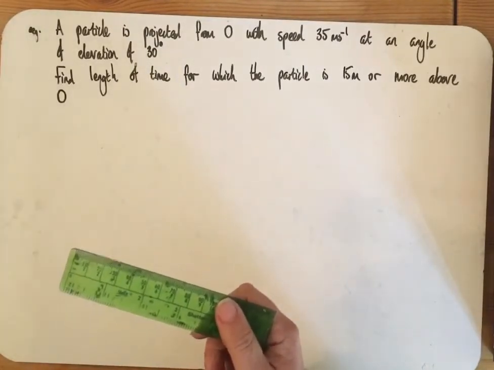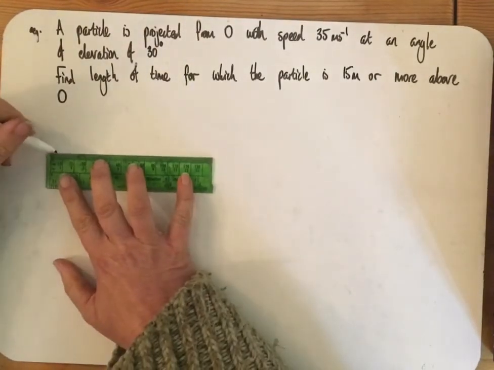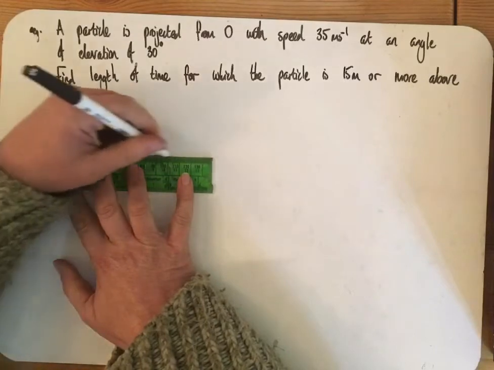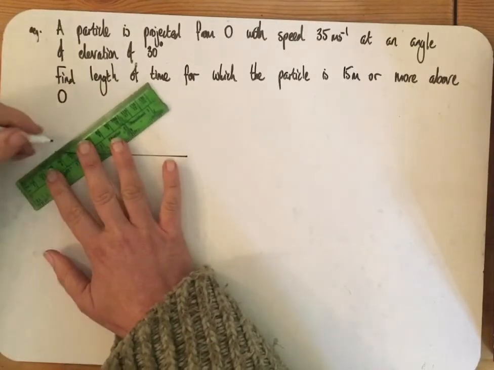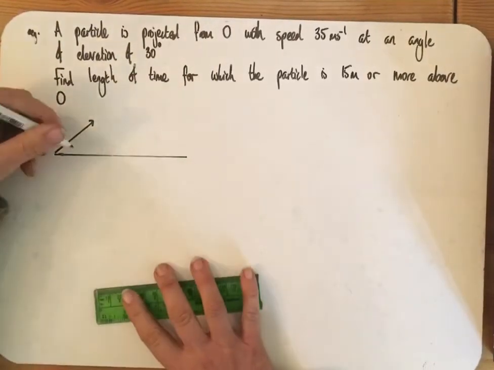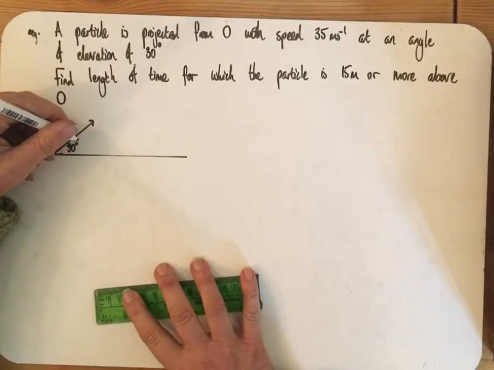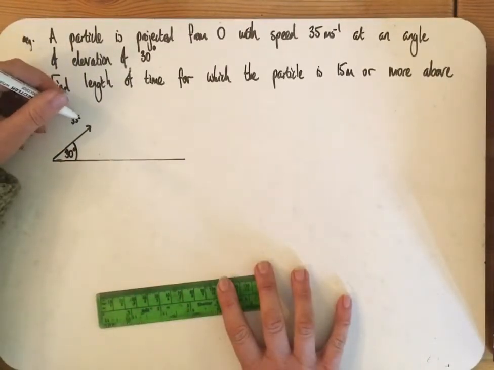So for this one, I would draw a diagram personally, but it just orders my thinking a bit. So 30 degrees, don't worry how accurate it is too much. 35 metres per second.